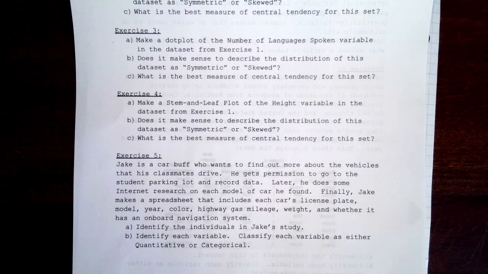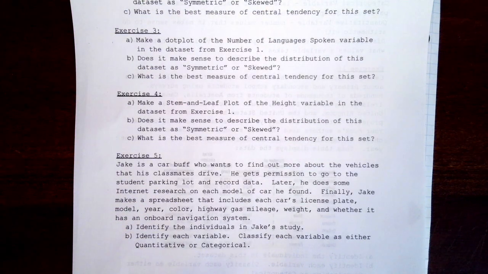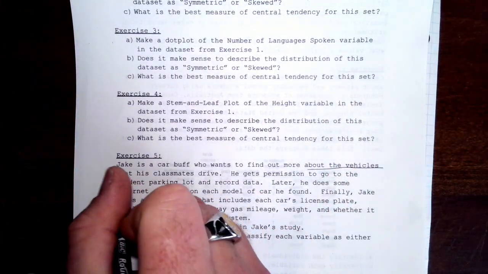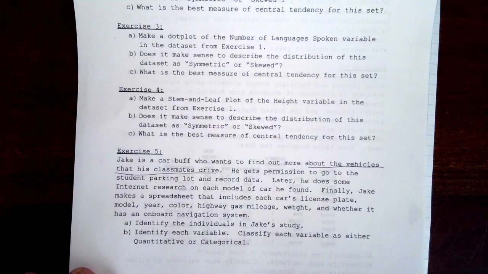system. So we need to identify the individuals in his study, and then identify each variable and classify them as quantitative or categorical. So, again, the individuals are the things that Jake wants information about. And he wants to find out more about the vehicles that his classmates drive.